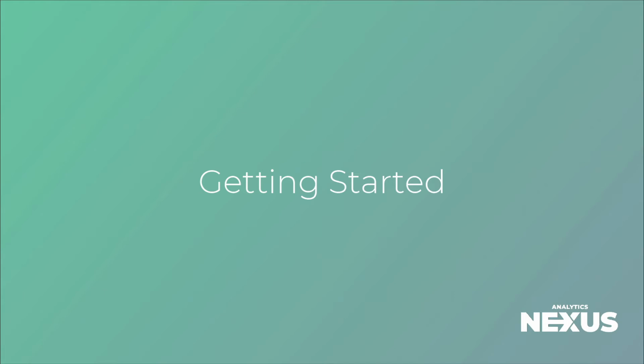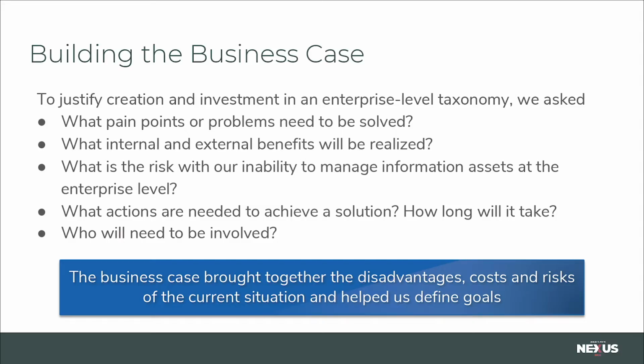Now, for Intel, taking a strategic look and approach to taxonomy was critical to our business in a number of areas. And here's how we got started. First, we built a business case for an enterprise taxonomy project.